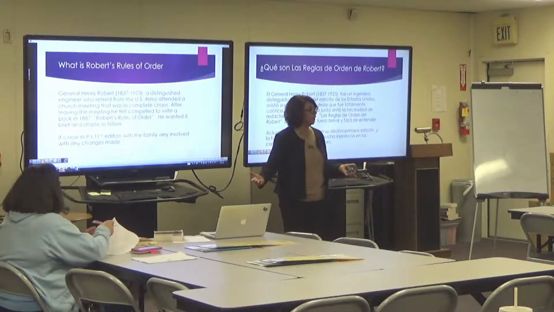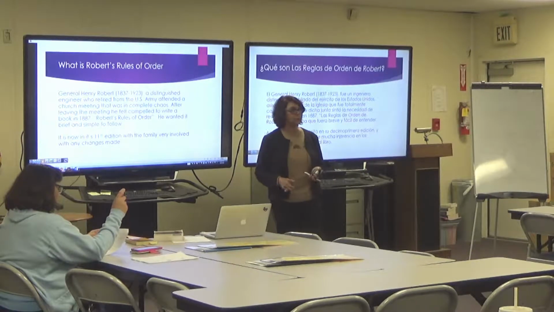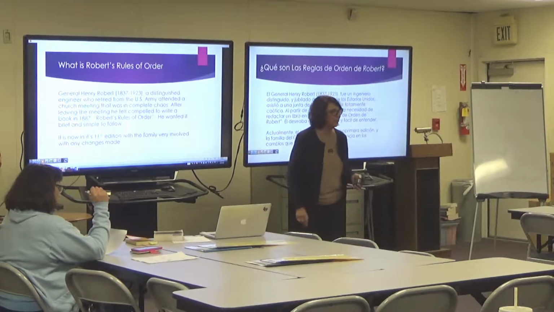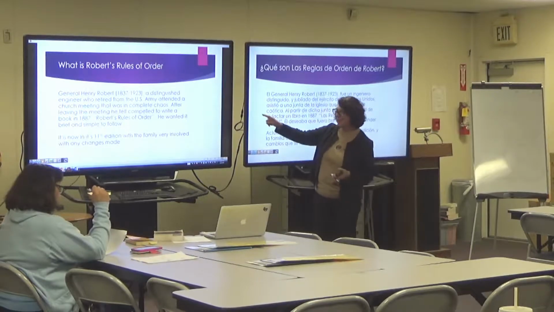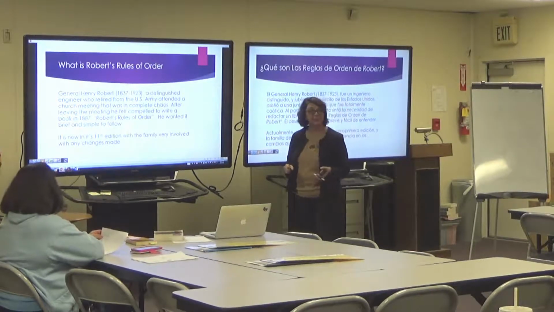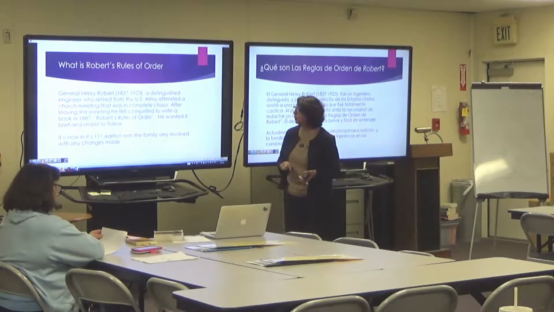When I first joined the organization and they got up and started talking, they would say, Robert this and Robert that, and I'd say, who's Robert? Robert is the one who wrote the book, and he lived from 1837 to 1923. He was a general with the U.S. Army.